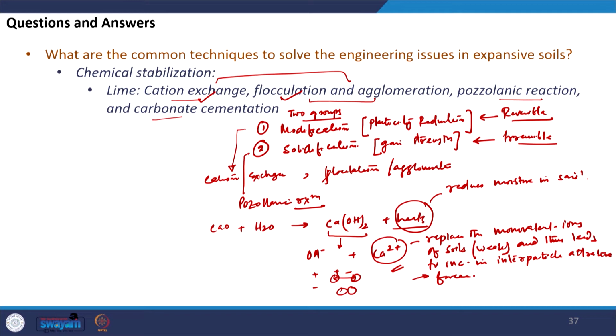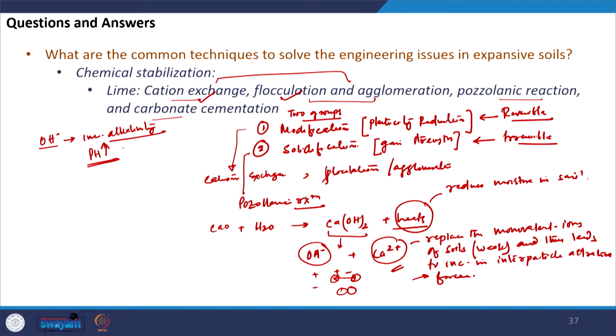Now, in the second phase, that is solidification, how does it start? You see, we had these OH minus ions. So, these OH minus ions will increase the alkalinity of the system, and therefore, the pH of the system will increase. Okay.